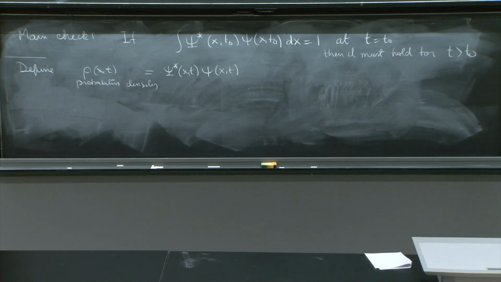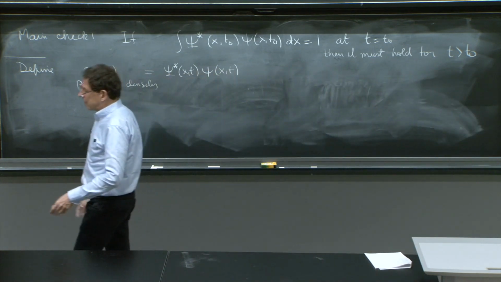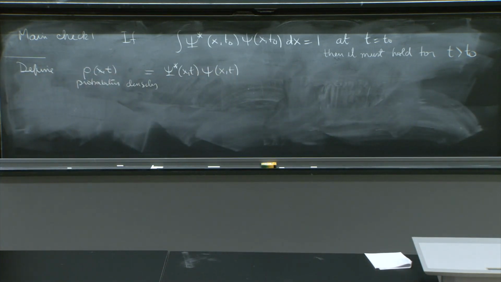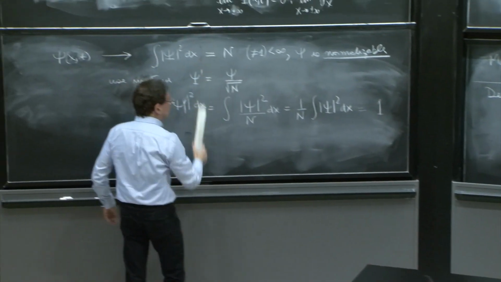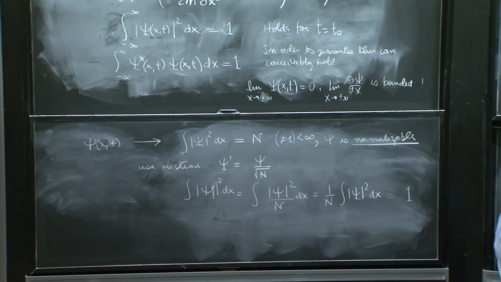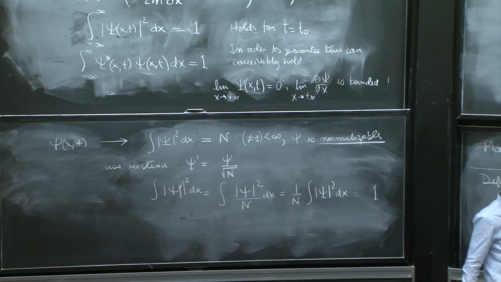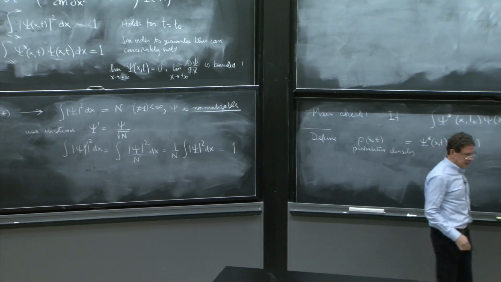It's a probability density. You know that that has the right interpretation. It's psi squared. And that's the kind of thing that integrated over space gives you the total probability. So this is a positive number given by this quantity. It's called the probability density.